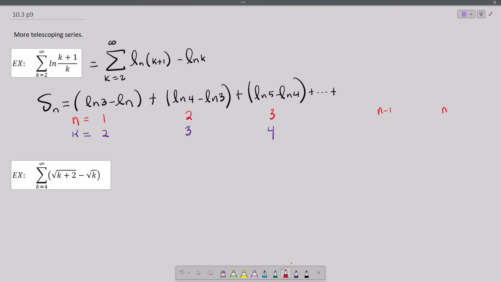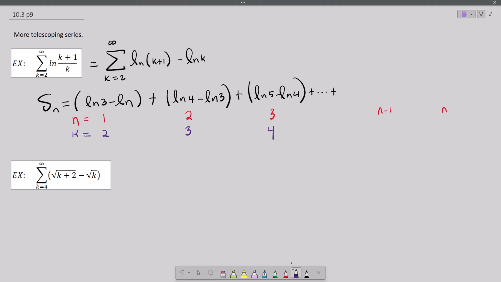To figure out the value of the n minus first term, we need to plug in the associated k. So we ask, how do I get to k from n? The first term, if we add 1 to that, we get to the k value. Add 1 to that, we get the k value. Add 1 to that, we get the k value.